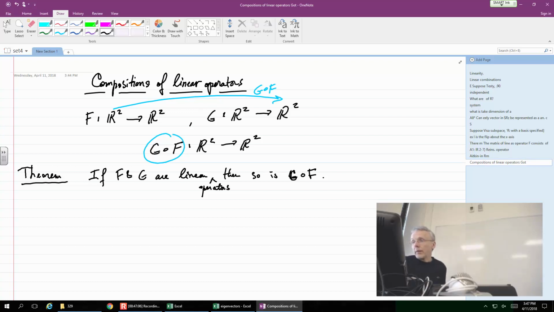Then the crucial thing is, if these two are in fact linear operators, they are represented by 2 by 2 matrices. Then so is this one. Want to guess how to find that matrix?